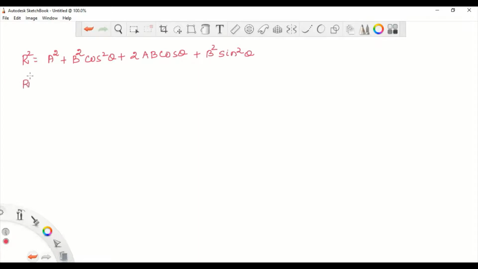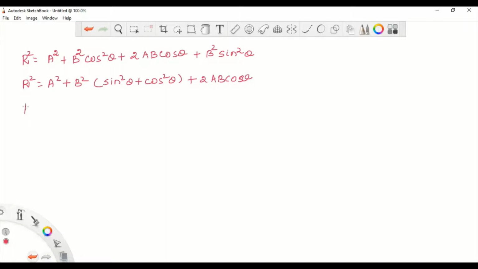So R square is equal to again A square plus B square sin square theta plus cos square theta plus 2AB cos theta.